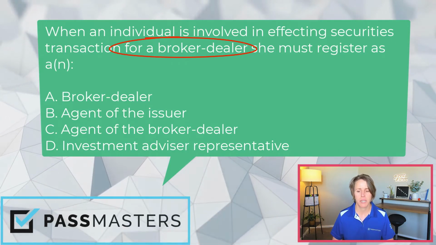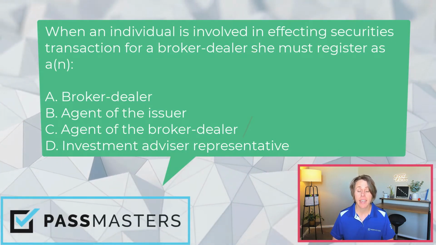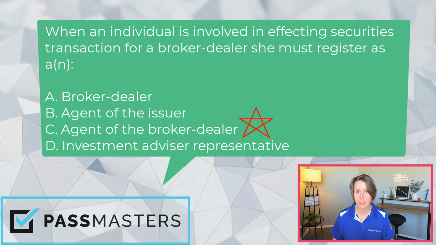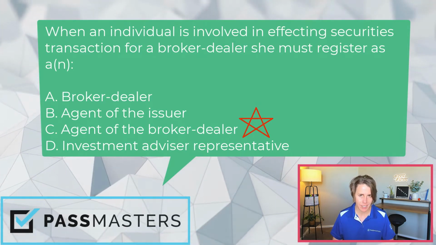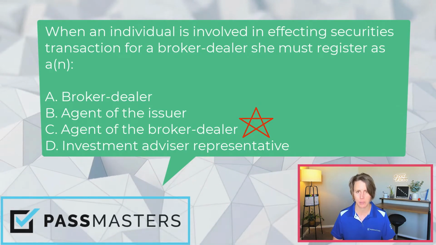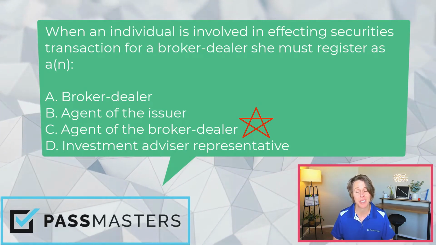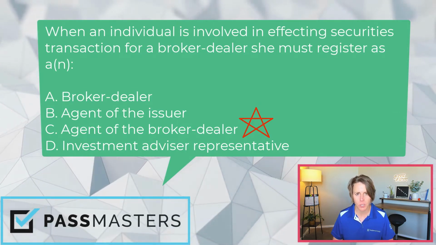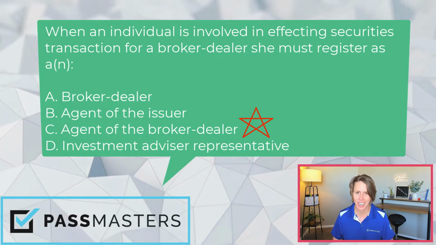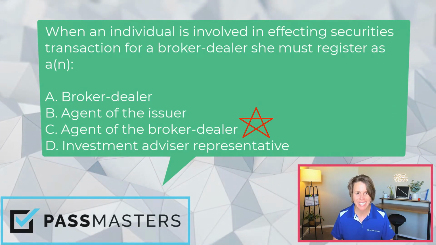So what must she register as? An agent of the broker-dealer. Nothing in this question had to do with the giving of investment advice. So if you were giving investment advice, then you would be an investment advisor representative. You would be working for an investment advisor. So that's a whole other video. It's coming, I promise.